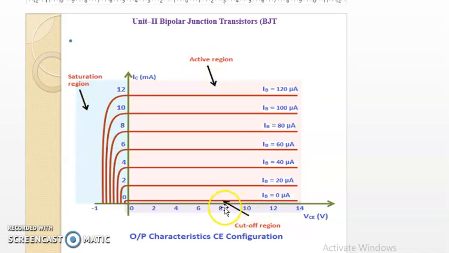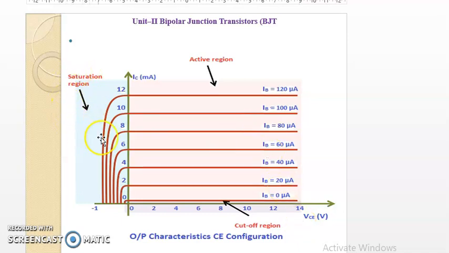And this one is said to be the cutoff region. In the cutoff region, as we have already seen, both the diodes are in reverse bias, I mean the emitter diode as well as the collector diode. That's why they don't conduct and we cannot obtain the output current by varying VCE.